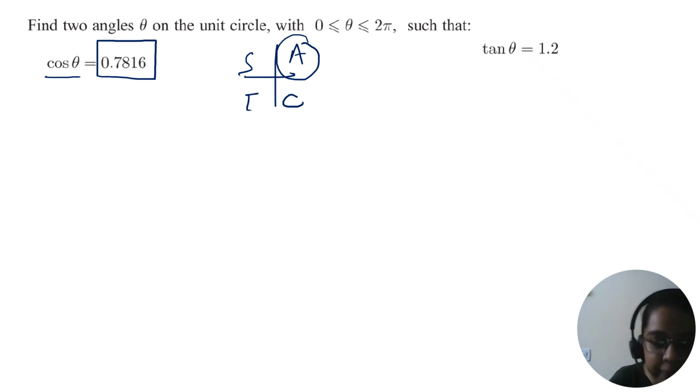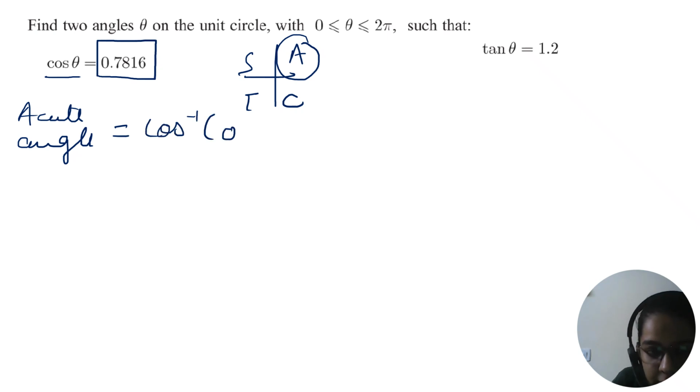To find the acute angle, I will just put in my calculator cos inverse 0.7816. When I put it in my calculator, I get 0.674 radians.